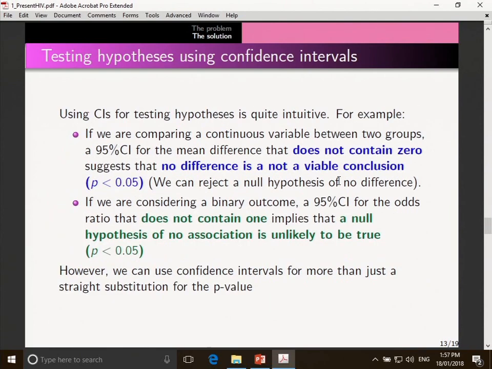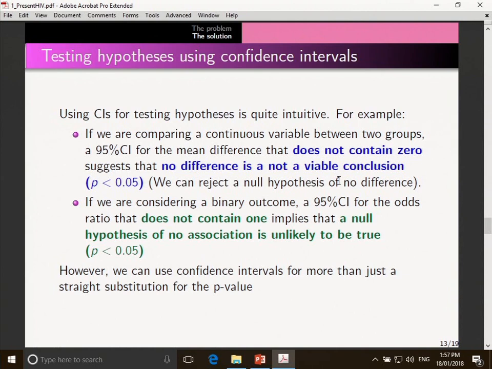Okay. The advantage of this is it's intuitive and it is couched in terms of our research problem. P-values aren't. It's a magic number. A p-value is a magic number that doesn't really tell us that much, except statistical significance.